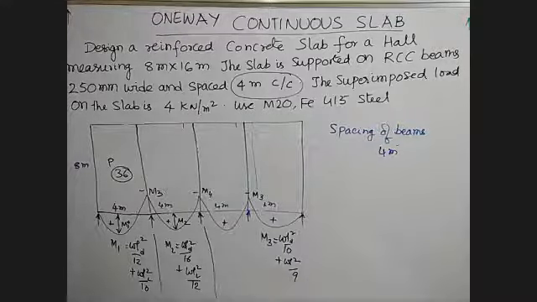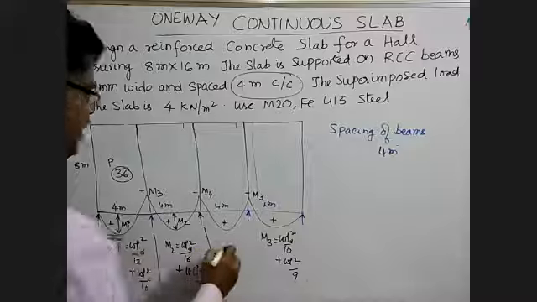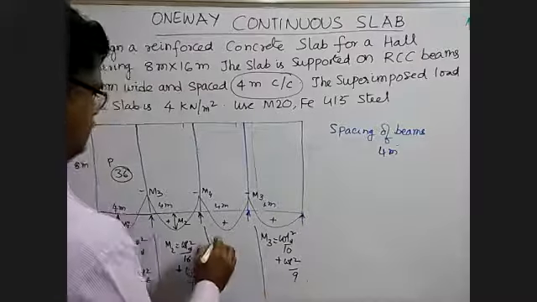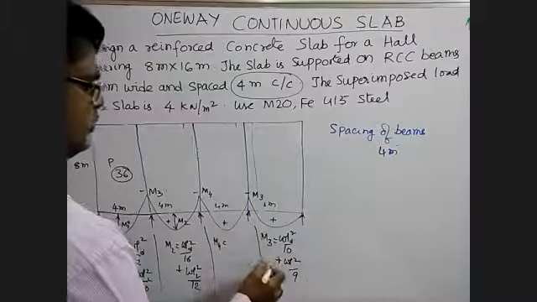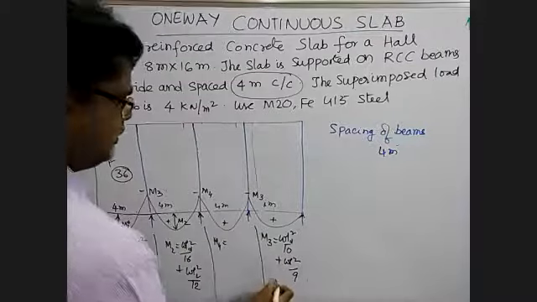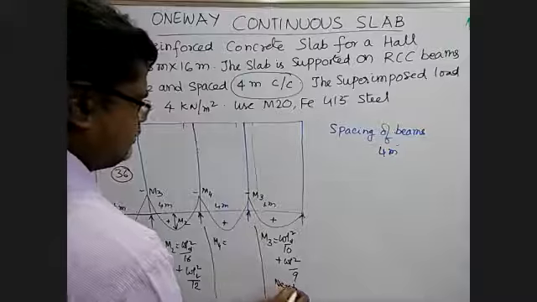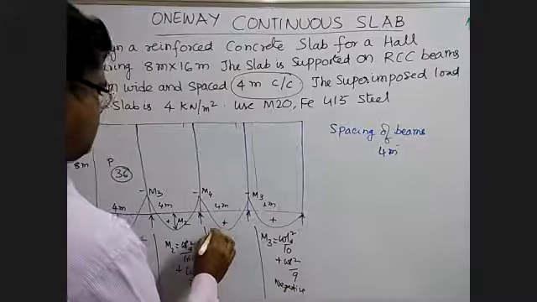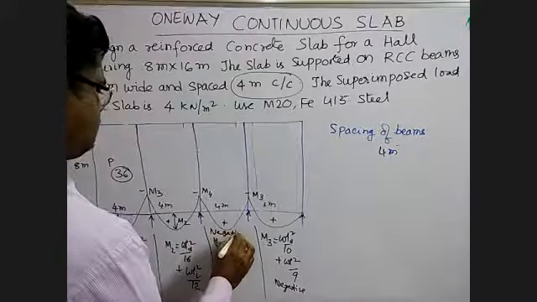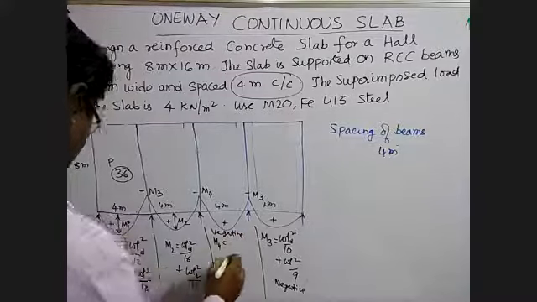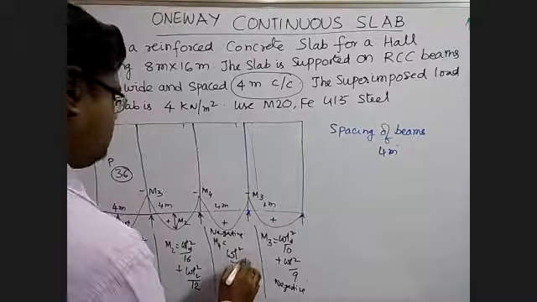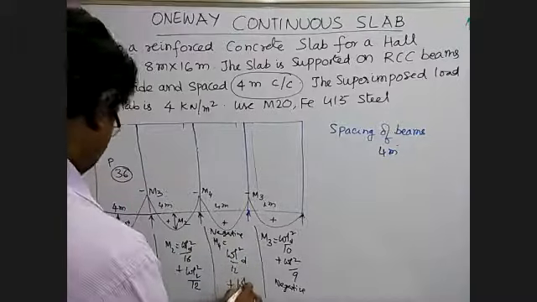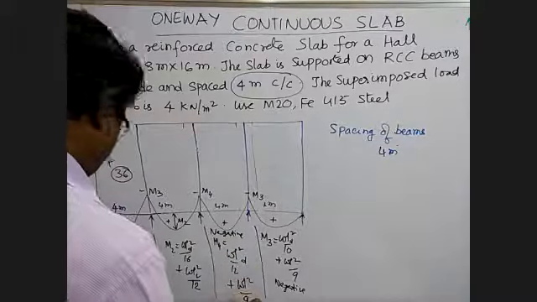Okay. Now, similarly for M3, M4 also, this is also a negative bending moment. This is also negative bending. So M4 is given as WD L square by 12 plus WL square by 9.